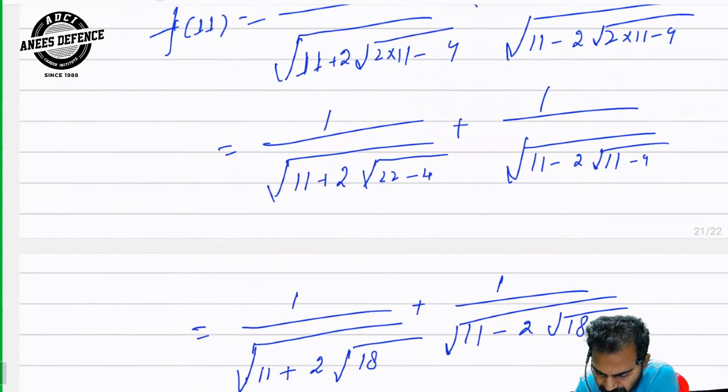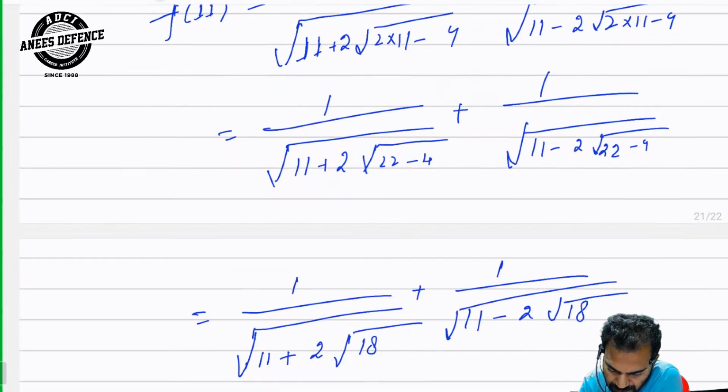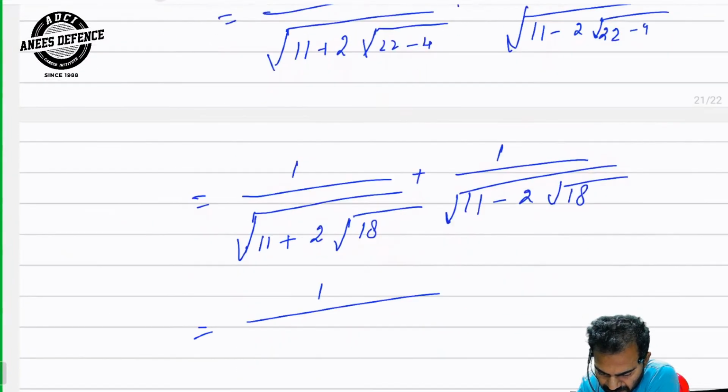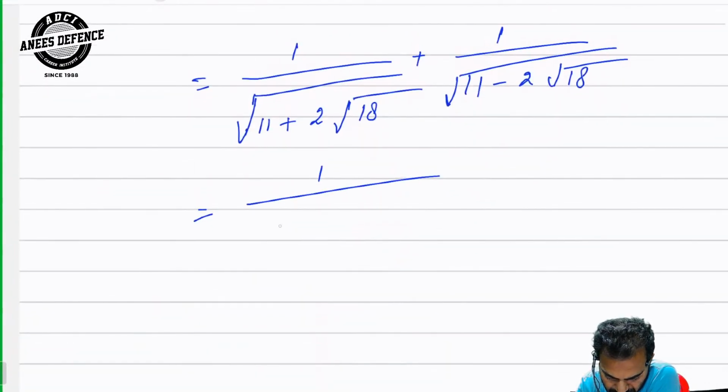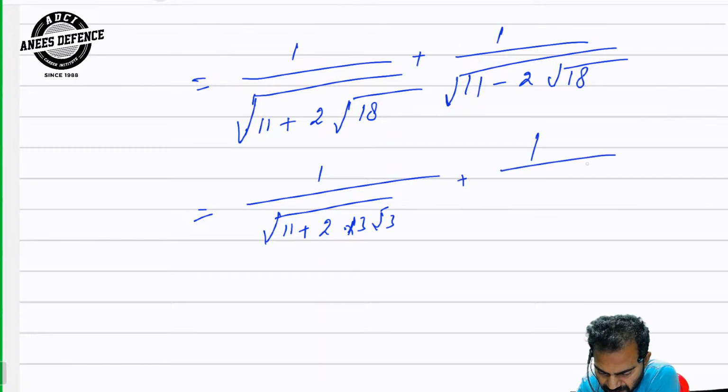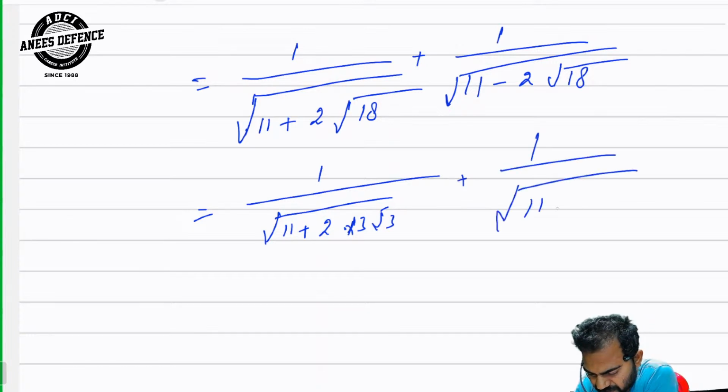Sorry, 11 plus 2 times 3 into root 3, okay? 11 times 2 into 3, so 3 root 2, I was wrong.